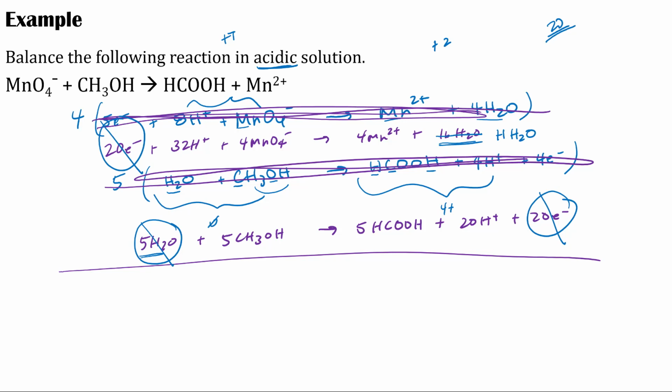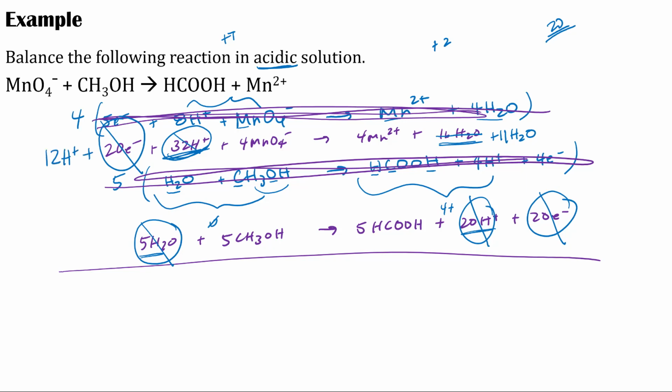And then for my hydrogen, I've got 32 hydrogen here and 20 hydrogen here. So that means that there's going to be 12 hydrogen left over on the top here.